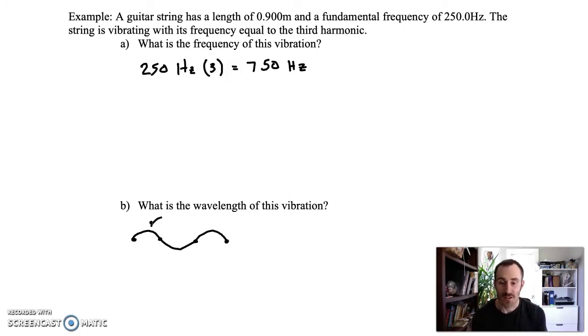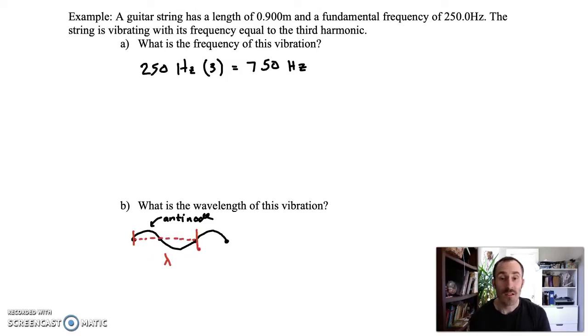This guy up here is an antinode. So the wavelength of this vibration has 2 loops, right? We remember that a wavelength has a crest and a trough. It's got to have both. So the wavelength is right here. This would be the wavelength.